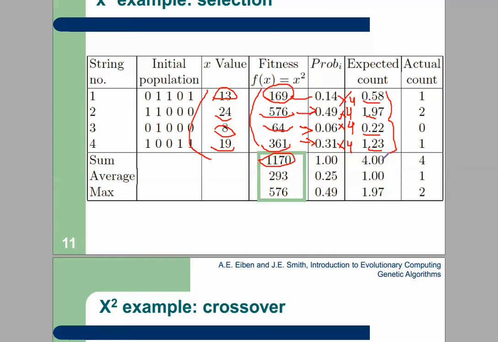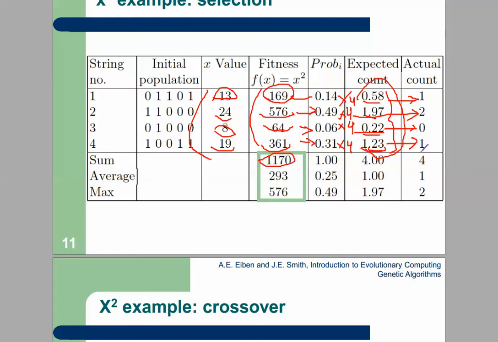The count is an integer, but these values must be rounded to the integer. So this value rounds to 1, this value rounds to 2, this value rounds to 0, and this value rounds to 1.